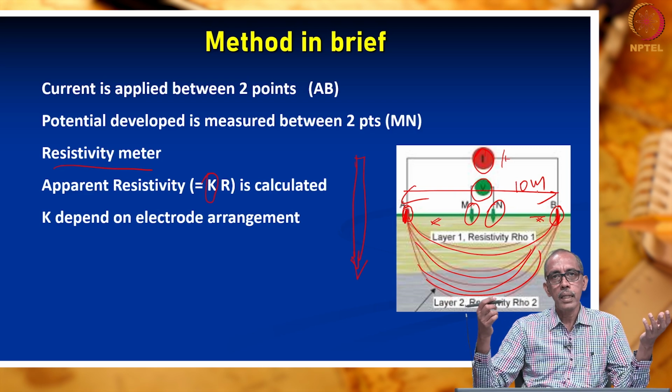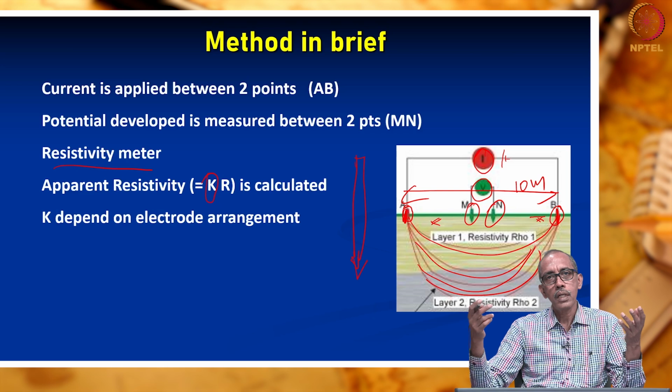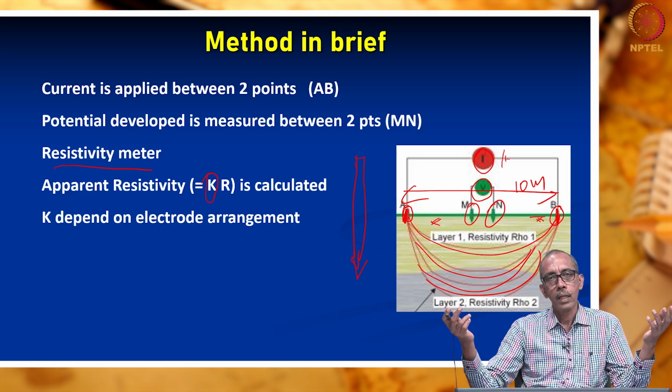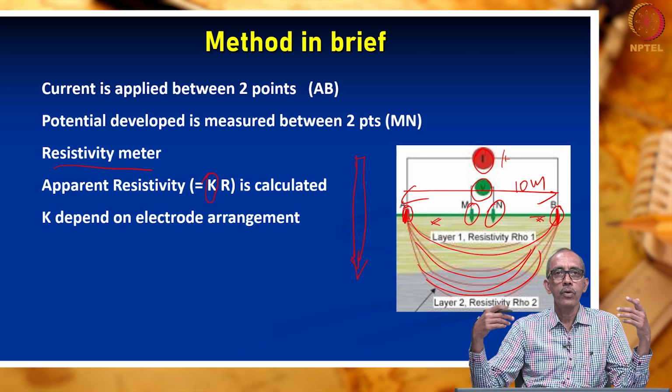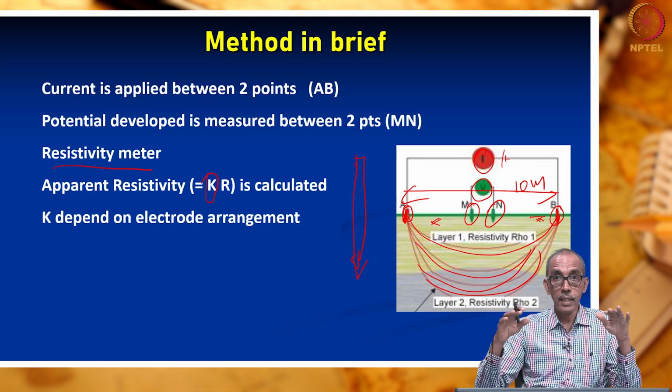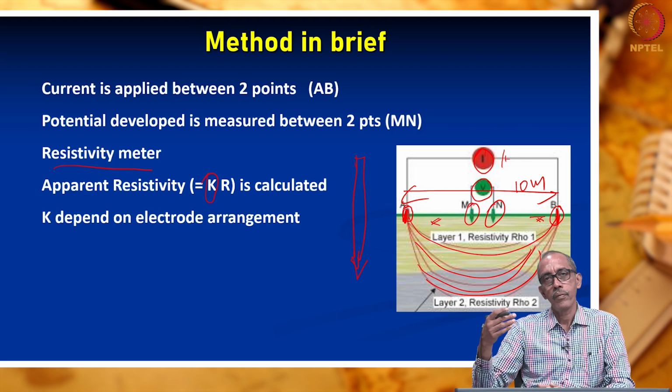You may keep them at 8 meters, or another person may keep the electrodes at 20 meters away. So all of us are going to get different values of resistance for the same earth. We are doing the survey at the same location, but we get different resistance, which means the resistance we obtain is controlled by the distance between the electrodes.